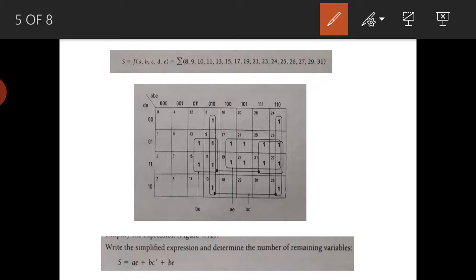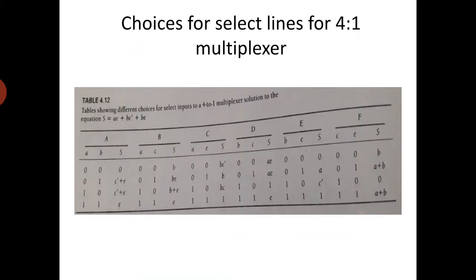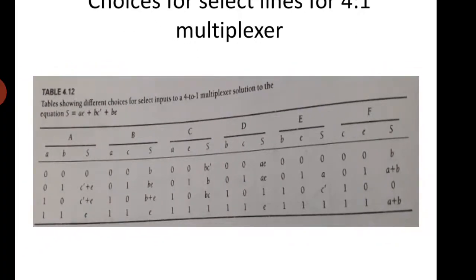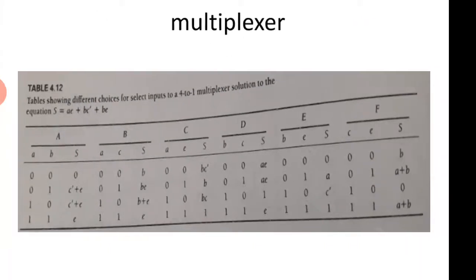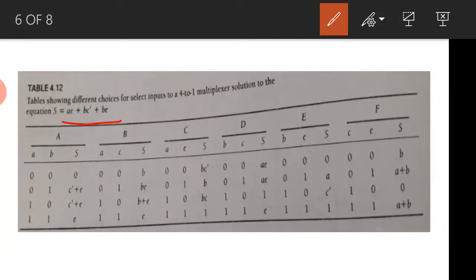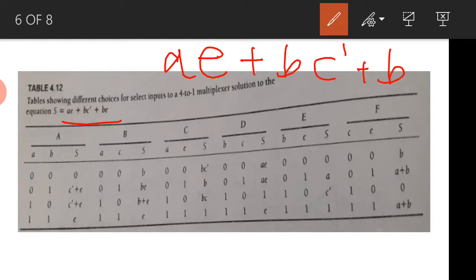Further, these 4 variables can be reduced using the MUX technique. The expected equation is AE plus BC bar plus BE, which can be reduced further by using the MUX technique.